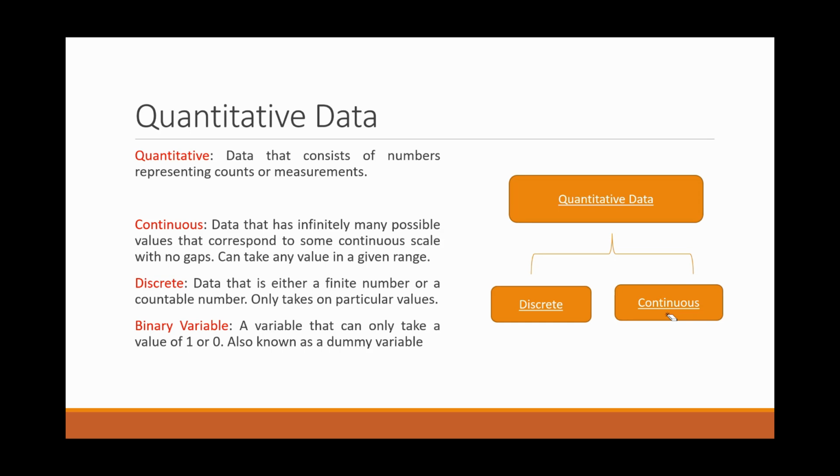Okay, now technically speaking, these are our options in terms of quantitative data. But oftentimes in practice, we make a special case for something called a binary variable. We actually use binary variables quite a bit in data analytics. A binary variable is a variable that takes on the value of 1 or 0. It's also sometimes called a dummy variable. Now, technically speaking, even though the values of this variable are numbers, it's not really quantitative data.